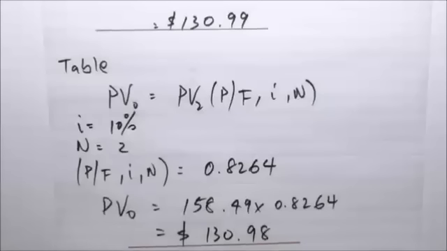In this example we have shown how to deal with a deferred annuity, and in particular we looked at the idea of having multiple present values. We find the present value at a particular time, and we are able to manipulate these present value positions to work out the value at any point along the cash flow diagram.